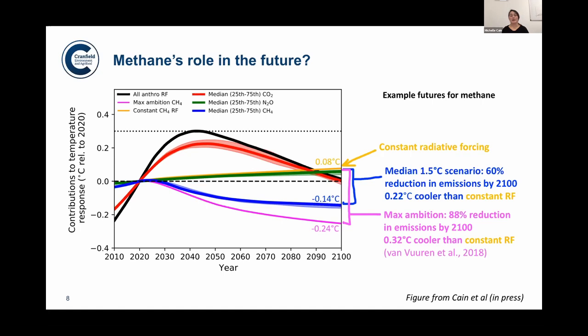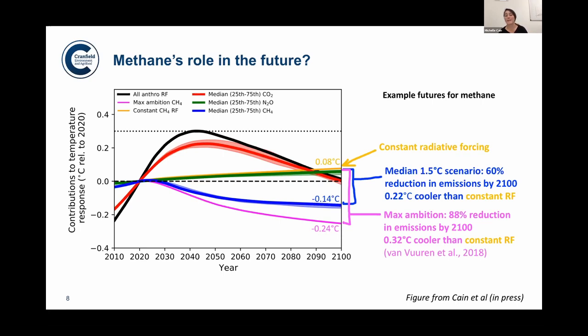And then in a set of scenarios, the median scenario reduced methane emissions by 60% by 2100. If you run that through the model, that gives you 0.14 degrees C of cooling, effectively. It reduces temperatures relative to 2020 by that amount.